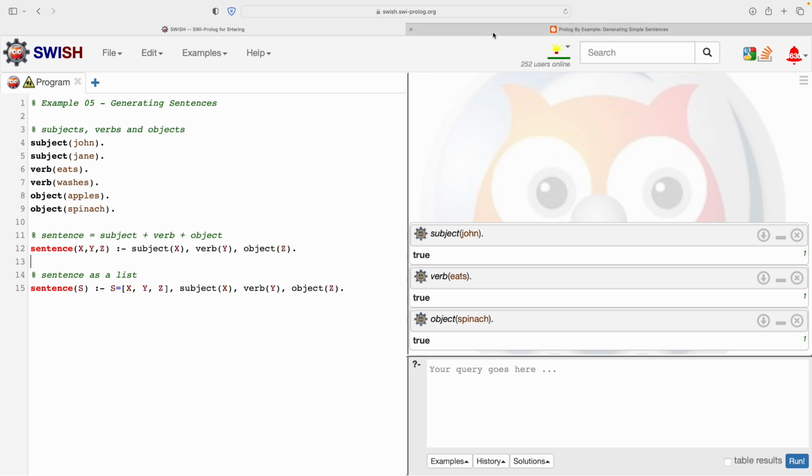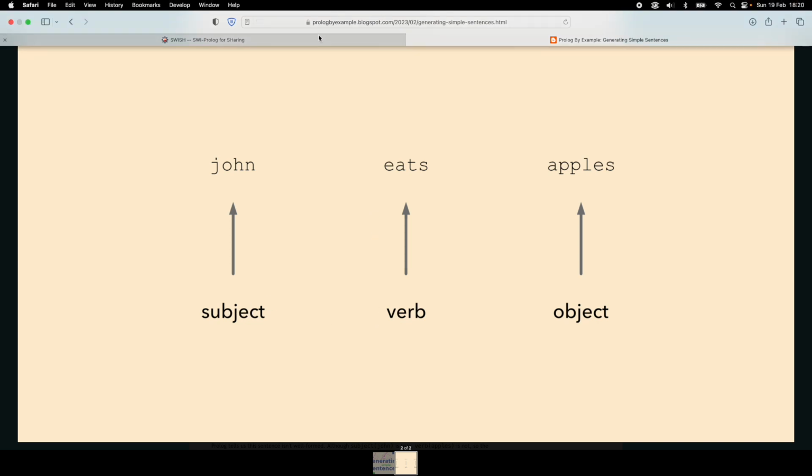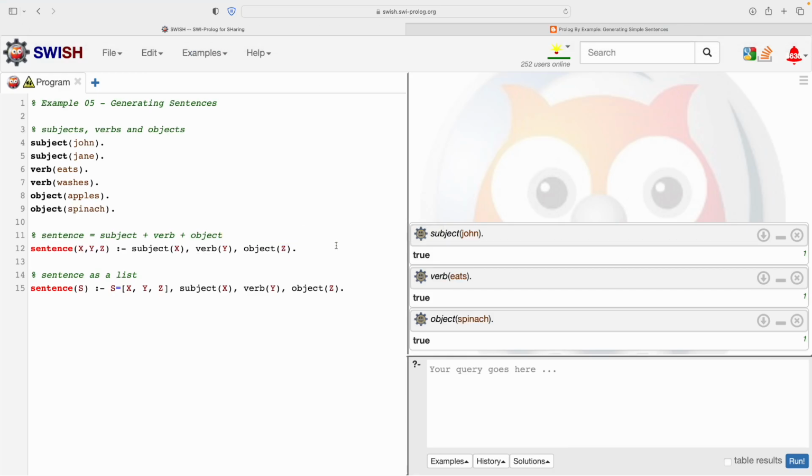So that's putting into Prolog what we've just talked about, simple English sentences. Subject, verb and object form a simple sentence.